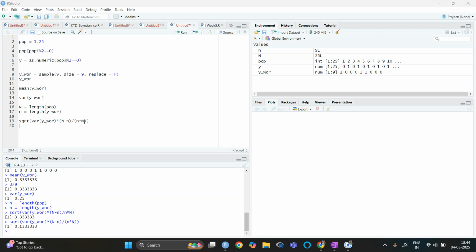So if it is in a divide, we need to write it here. Okay. So this one is basically the standard error we have found.